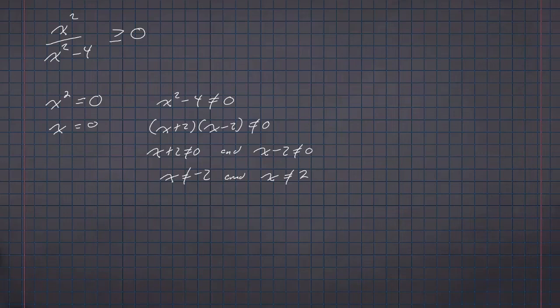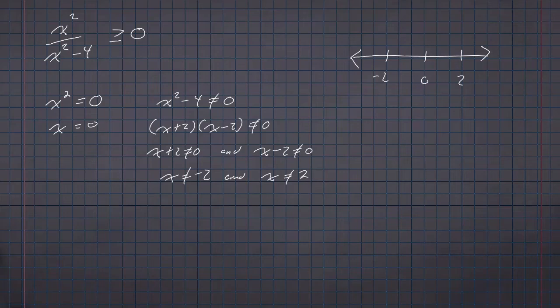So we have 3 points of interest to sketch onto a number line. Negative 2, 0, and positive 2.